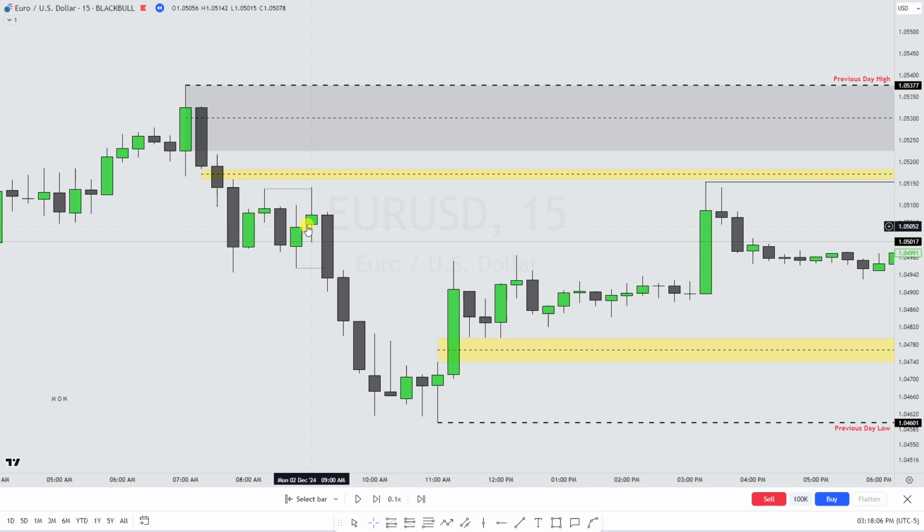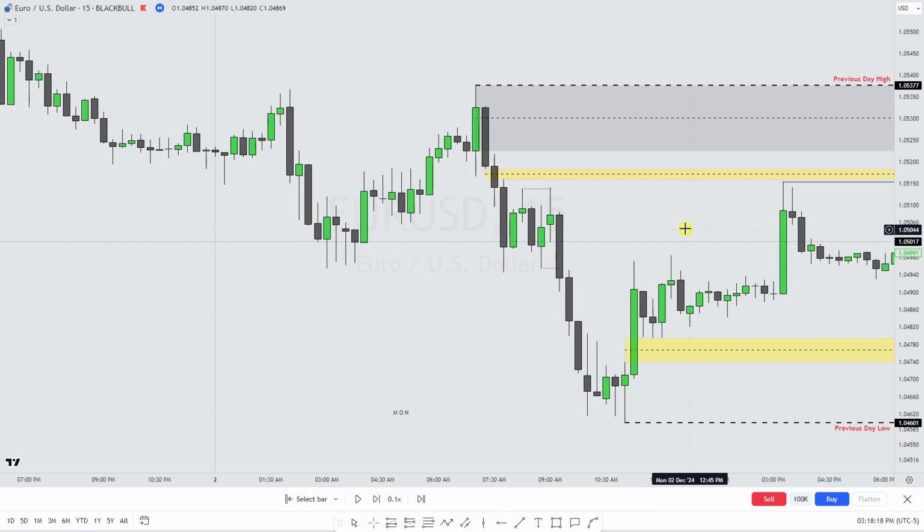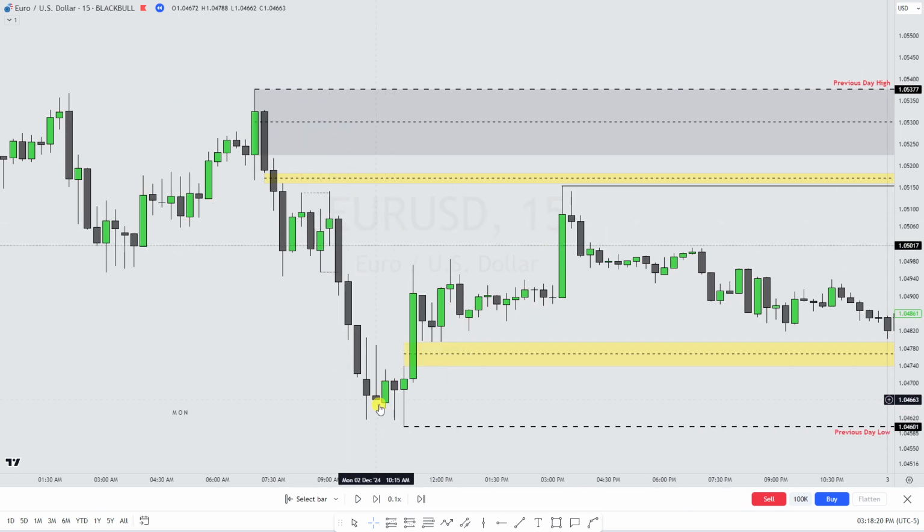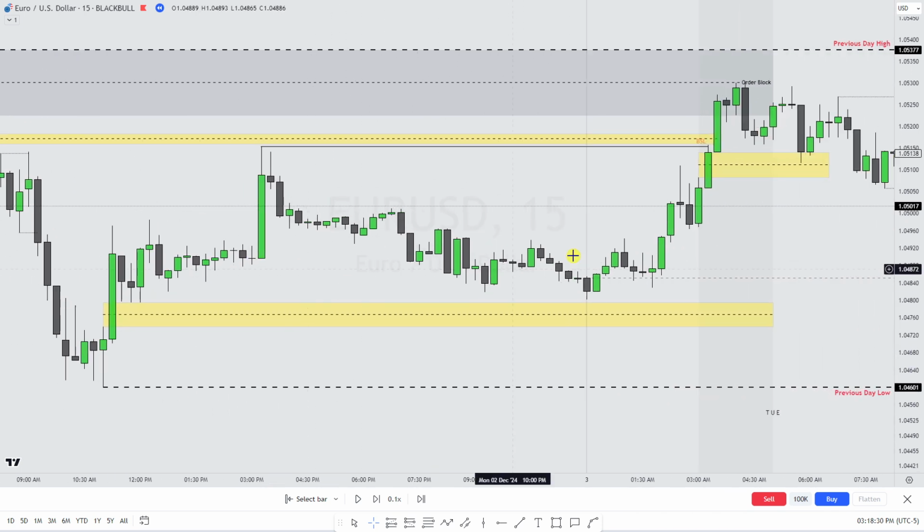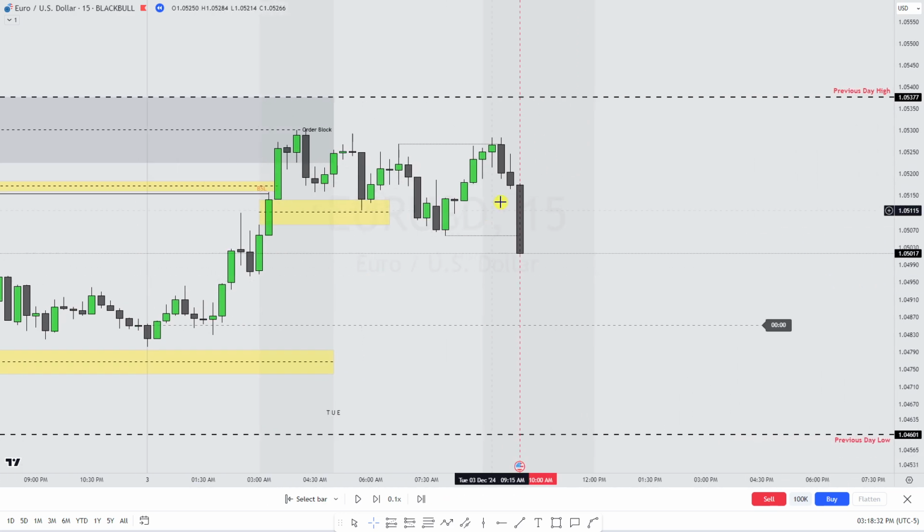Right, at 9 a.m. we push to the upside, we sweep this buy side liquidity and then reverse all the way down. And then after reversing down, guess what happens? We turn again and move to the upside, actually retracing, covering this entire leg, all of it. And that is exactly what happened again today.